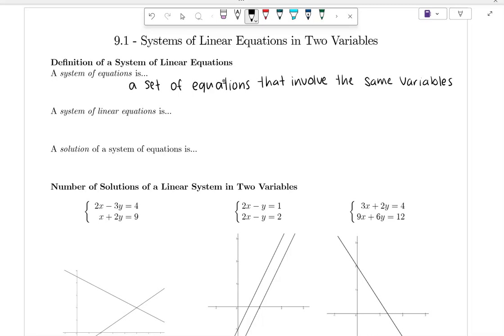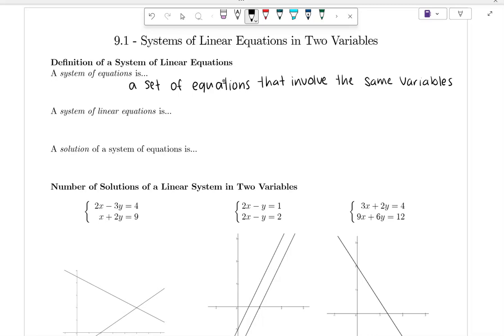And the next definition we have is a system of linear equations. So now you're looking at the same exact thing except they're linear. Do you guys know what linear means? Yes, so it's a line. It's when you have an equation and your highest degree of your variables is 1.